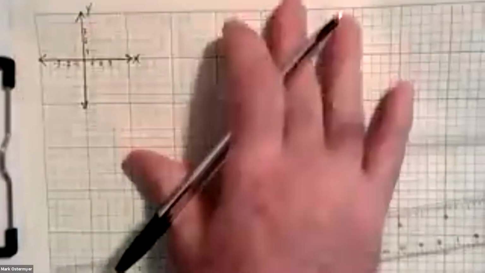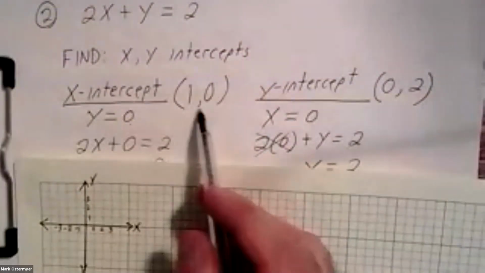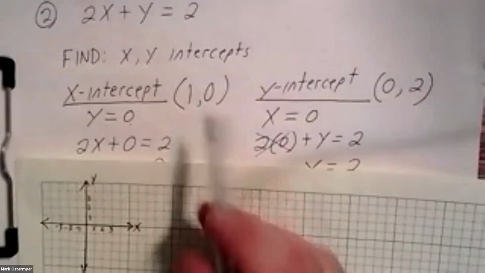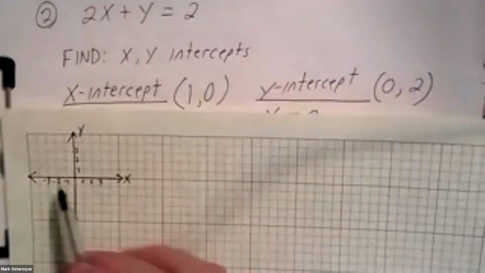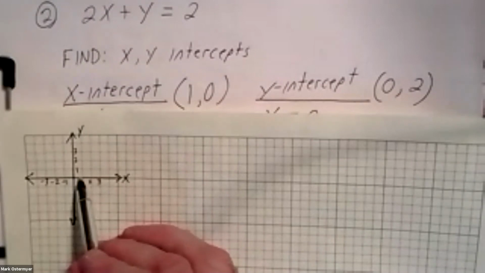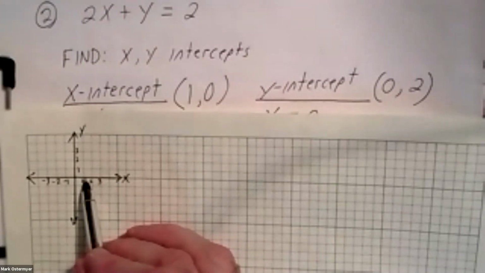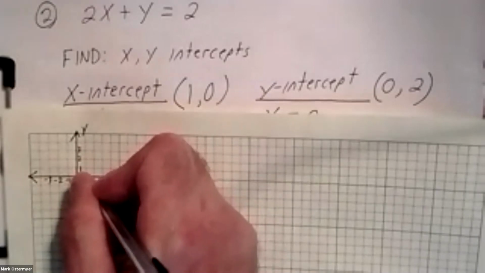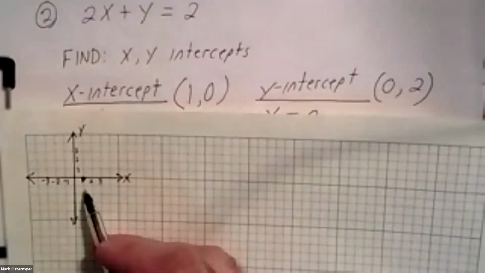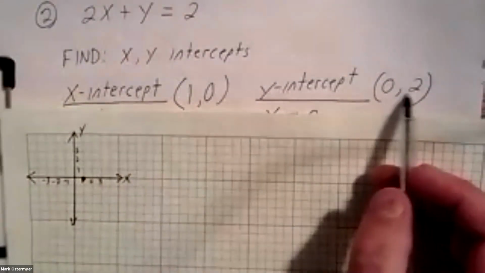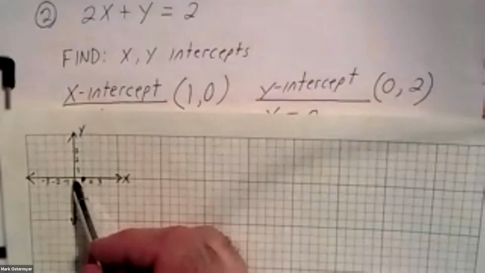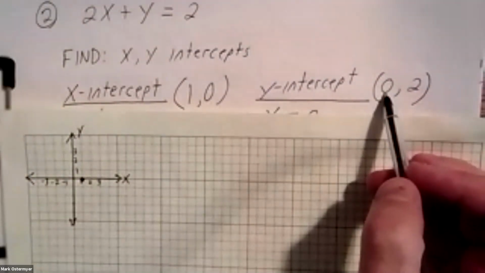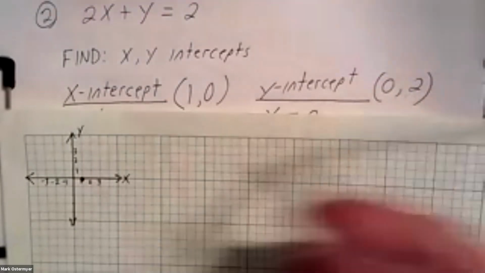What was our x-intercept? It was 1, 0. Start at the origin, move 1 to the right and stay on the x-axis because my y-coordinate is 0. There's my x-intercept, 1, 0. Now we can plot our y-intercept, 0, 2. We start at the origin, do not move right or left because my x-coordinate is 0, and just move up 2 units on the y-axis.